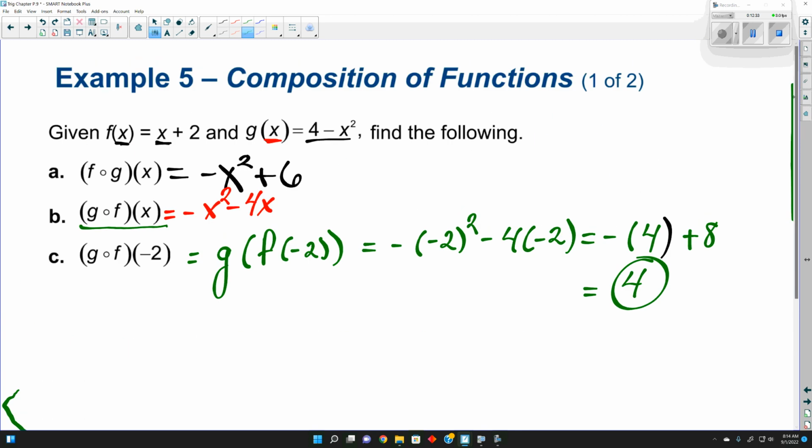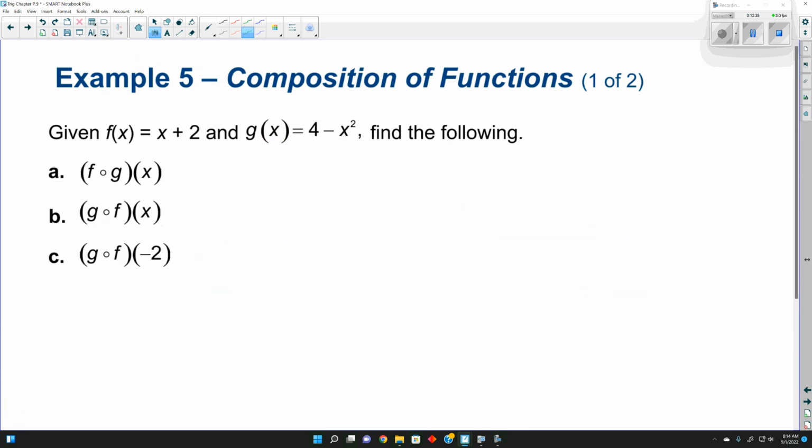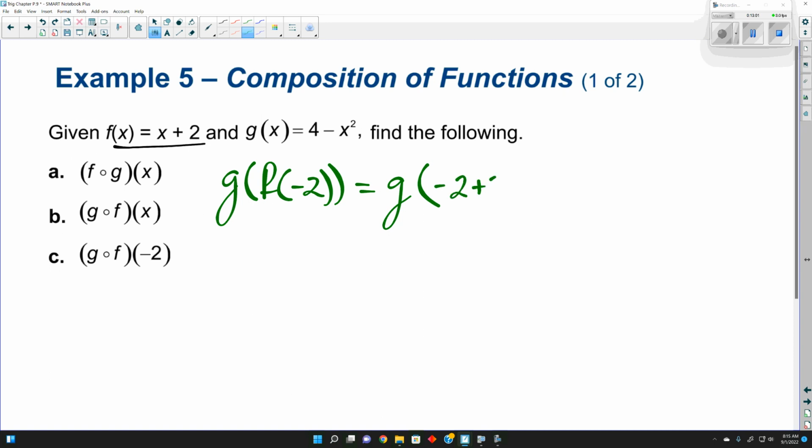Now, if they didn't actually ask us to find g of f of x first, we just asked for g of f of negative 2, I would work this from the inside out. So the first thing it's asking for is f of negative 2, yes? So I'm going to plug negative 2 into f of x, which would be negative 2 plus 2.